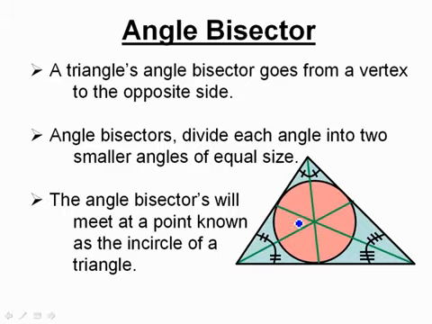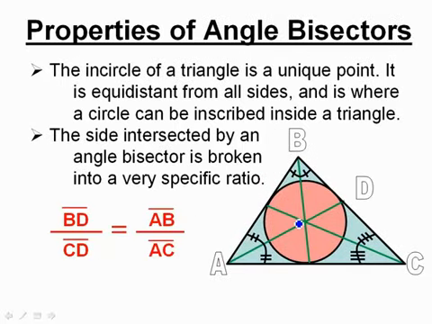So let's move on. Properties of angle bisectors. The incircle of a triangle is a unique point. It is equidistant from all sides and is where a circle can be inscribed inside a triangle. So if we look at the drawing, we have a circle, I think it's a pinkish, peachish color circle, inside the blue triangle.